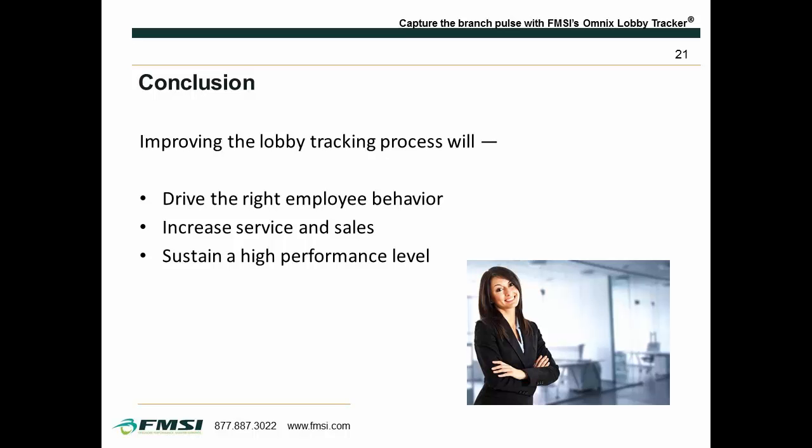Consistently capturing and analyzing performance data and then properly employing the resulting business intelligence can help executive management teams drive the right employee behaviors that result in improved branch platform performance. Service, sales, and productivity metrics can dramatically improve the bottom line and, most importantly, sustain, measure, and track this improvement ongoing.